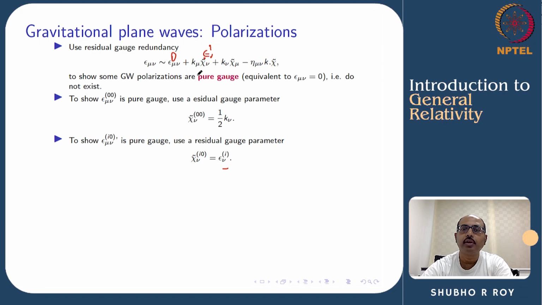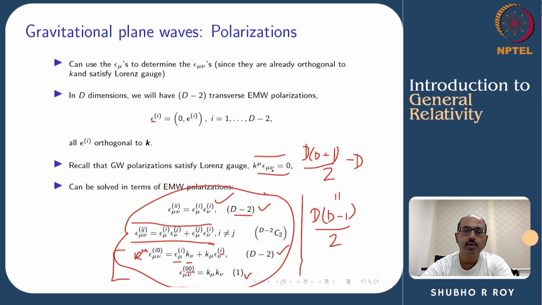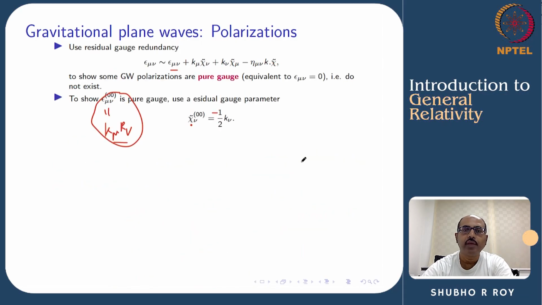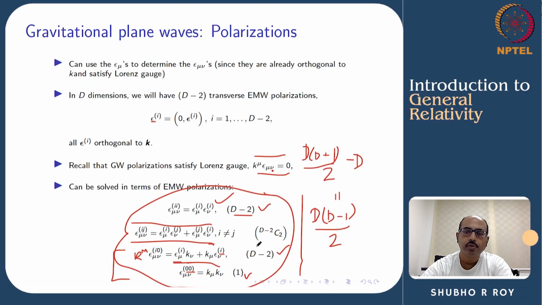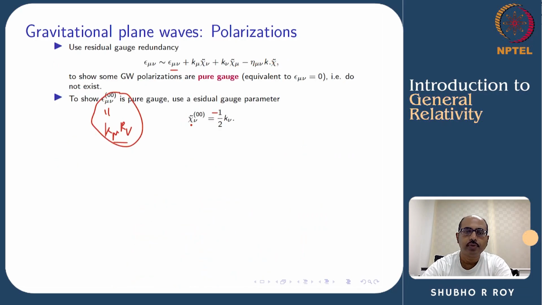So you'll get 0 plus something, and that something is exactly equal to the third class. So we have gauge transformed the zero polarization into the third class. Because we have gauge transformed from zero polarization, that means this is not a physical polarization, it is equal to 0. So we can get rid of them.